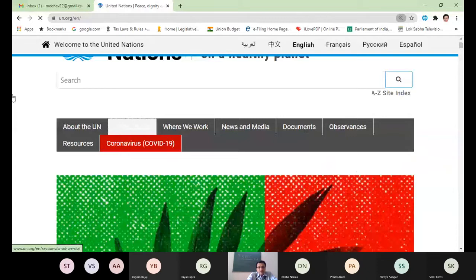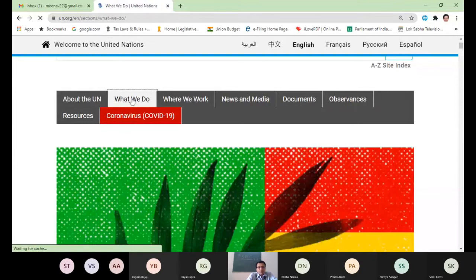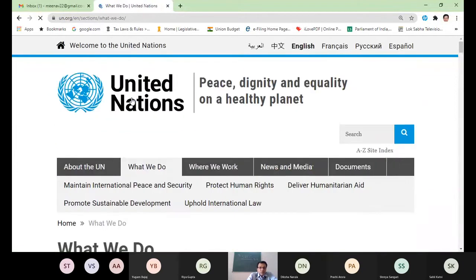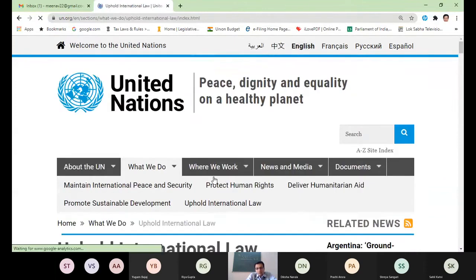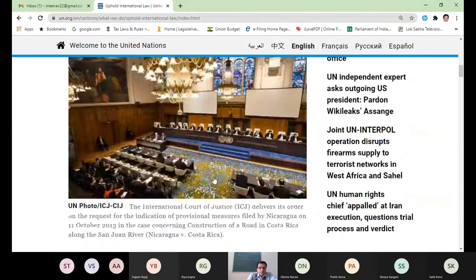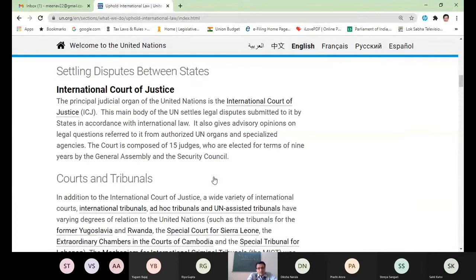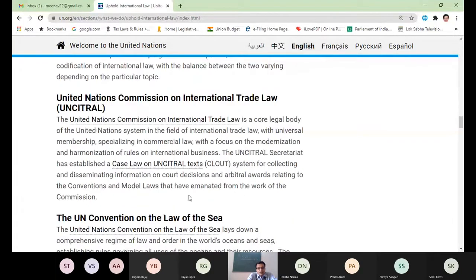Now, I hope the font size is visible. So I will click what we do. When I click what we do, here I will go to uphold international law. And when I go to uphold international law, these are different international law practices. This is the United Nations Convention on the Law of the Sea.